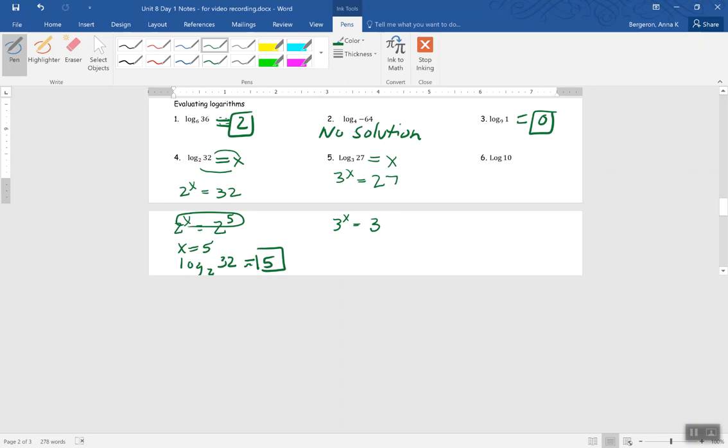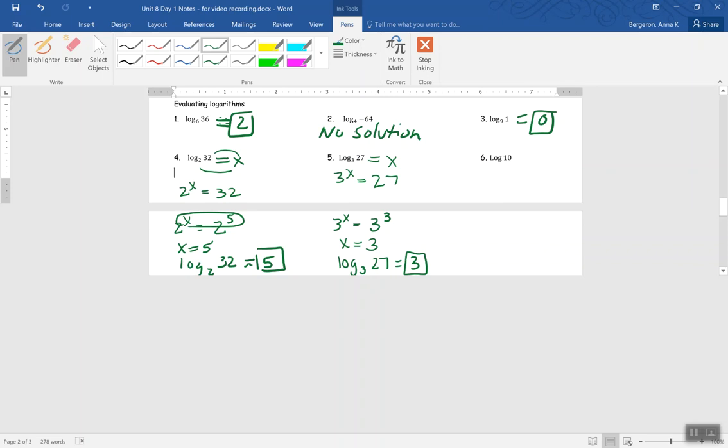That would be 3 to the third power. So now that my bases are the same, my exponents are equal. So that gives me x equals 3, which means that log base 3 of 27 equals 3, which we know is true because if we write this in exponential form, 3 to the third power gives me 27.